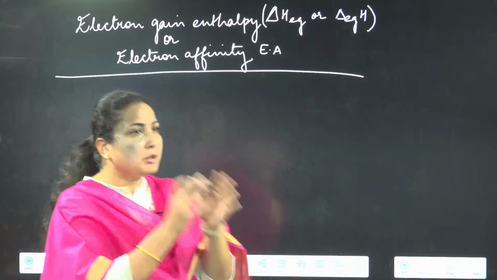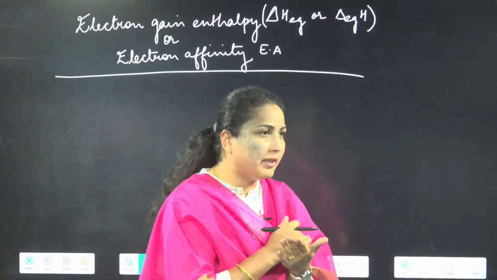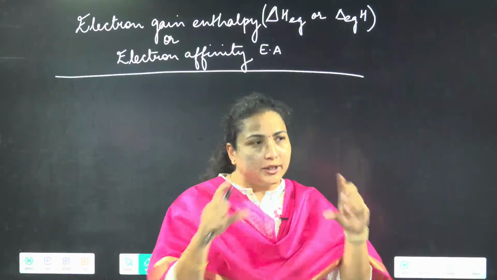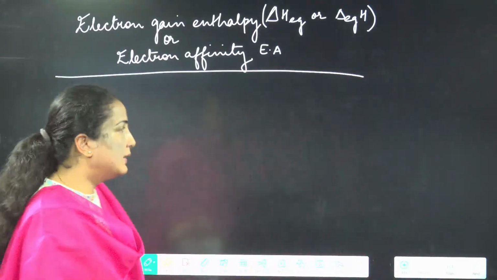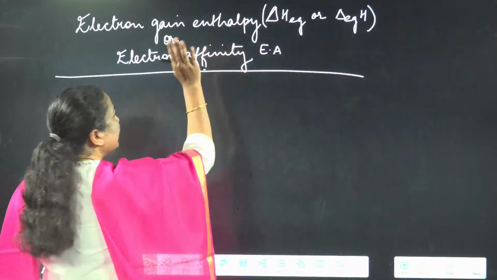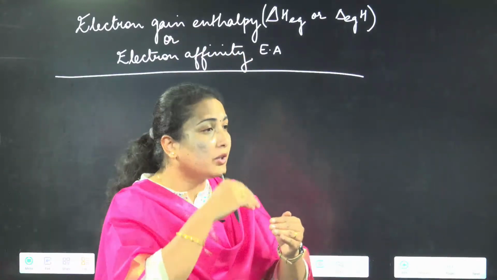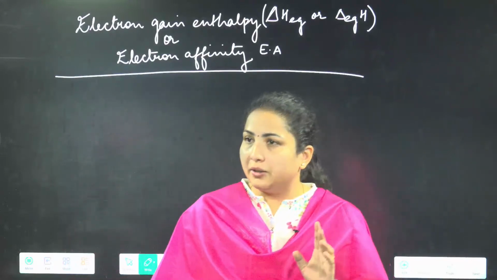That means some species, a neutral atom, is trying to accept an electron, right? So we have broken down the entire term into parts so that it becomes easier. Enthalpy is the energy change associated with any process, and the process I am referring to here is electron gain.